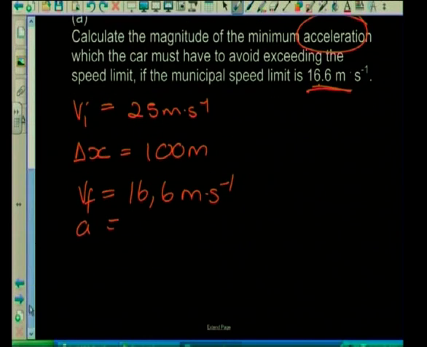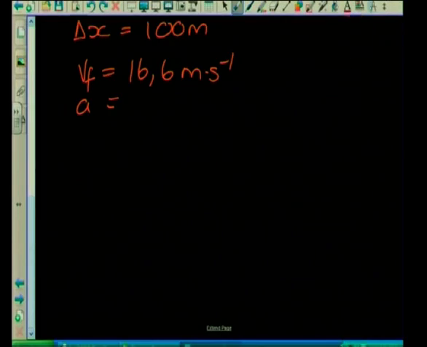So now we go, okay, I have VF, I have VI, I have delta x, I need A, and we go back to our list, we tick off what we know, and we go, okay, VF squared equals VI squared plus 2A delta x, that's what I'm going to use.